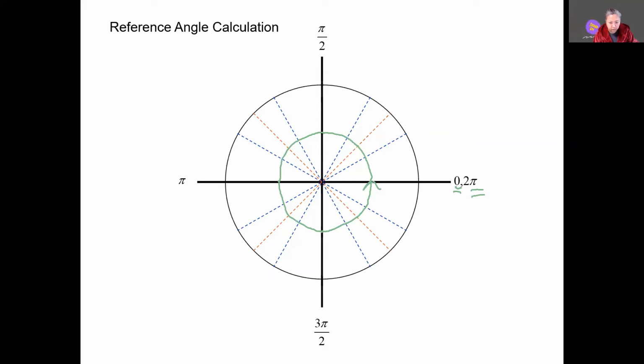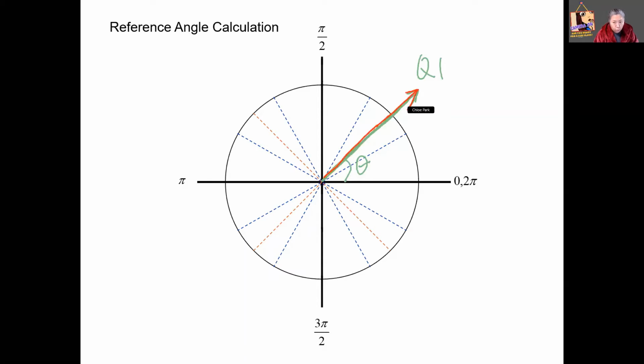Then, as I said before, let's say I have a given original angle in quadrant 1. Let's say my terminal side is here. Then the original angle theta has a terminal side right here. Now I'm supposed to find alpha, the reference angle. Where is the terminal side of the original angle? Right here. Then where can I find the nearest horizontal axis? It's right here.